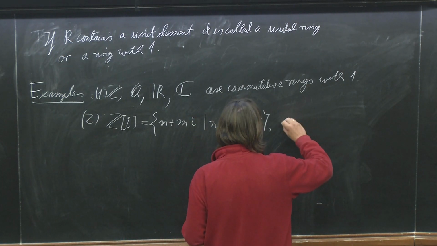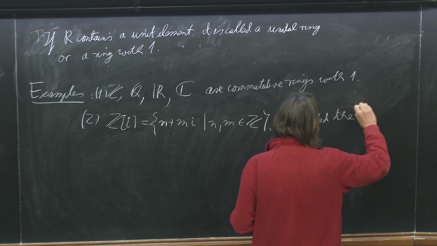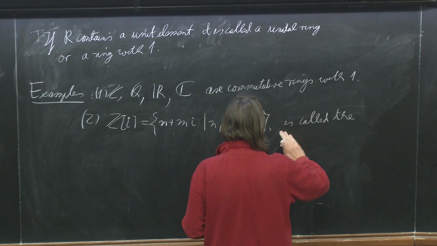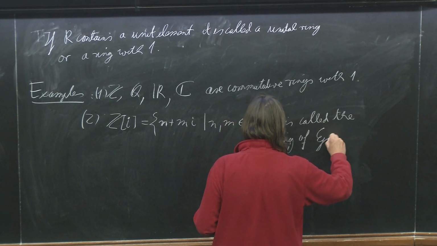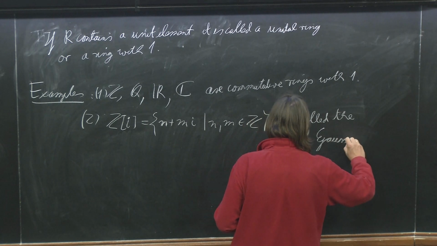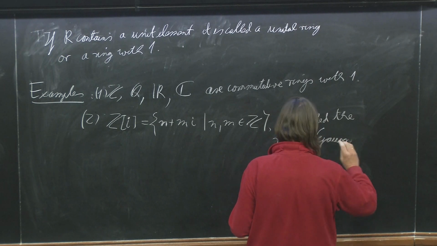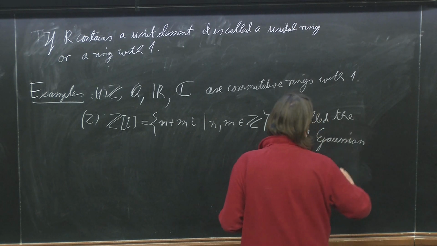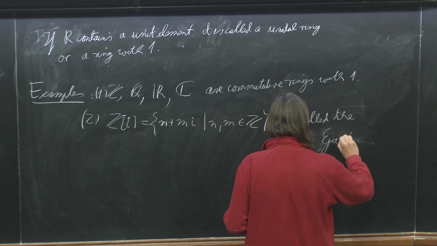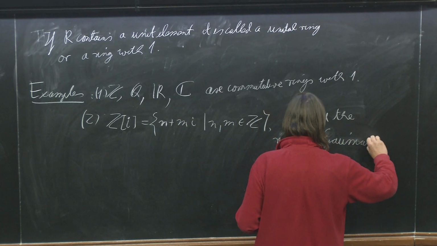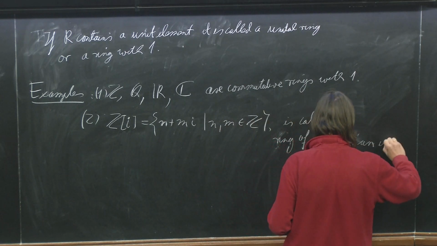And this is a subring. This is called the ring of Gaussian integers. Gaussian, after Gauss, obviously, integers.